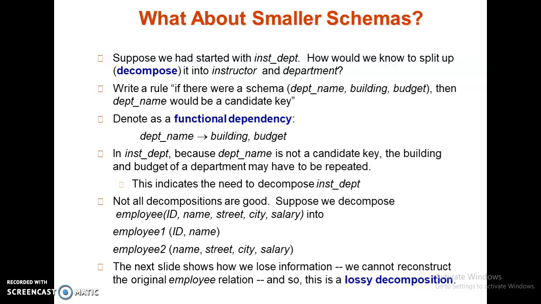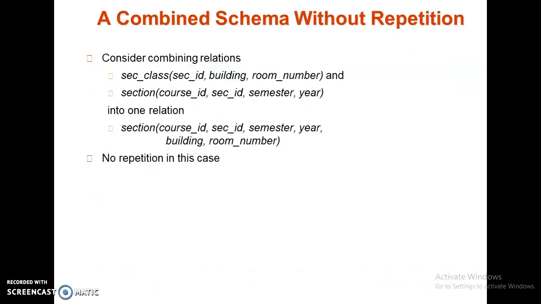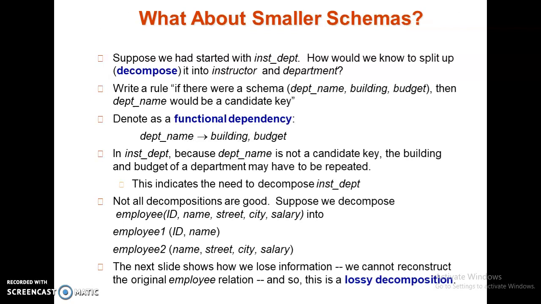This indicates a need to decompose instructor department into instructor as well as department. And that's why we have decomposed instructor department into instructor as one relation and department as the other relation.